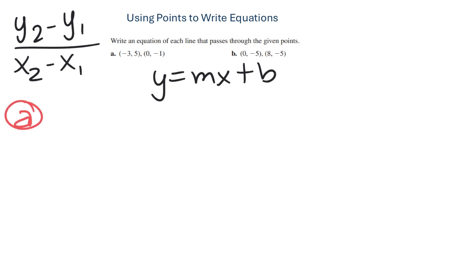What is our x2 here? No. Negative 1 minus 5. And then what? 0 minus negative 3. What is negative 1 minus 5? Negative 6.